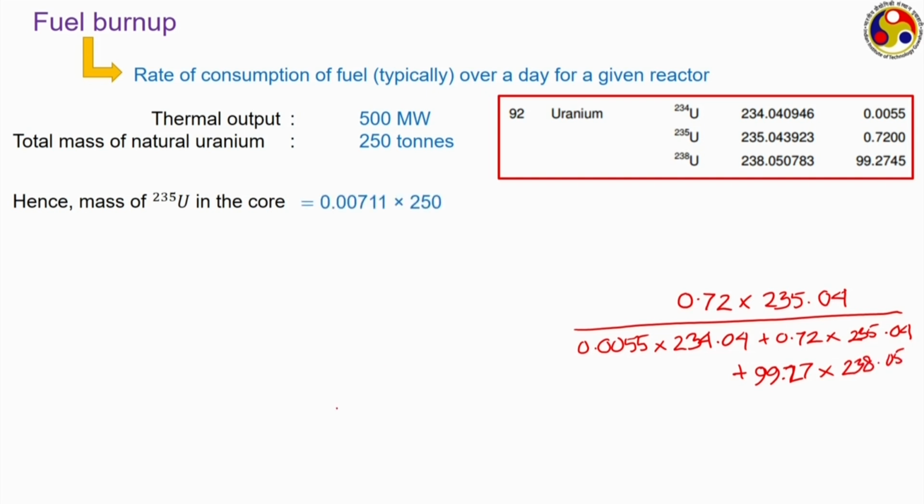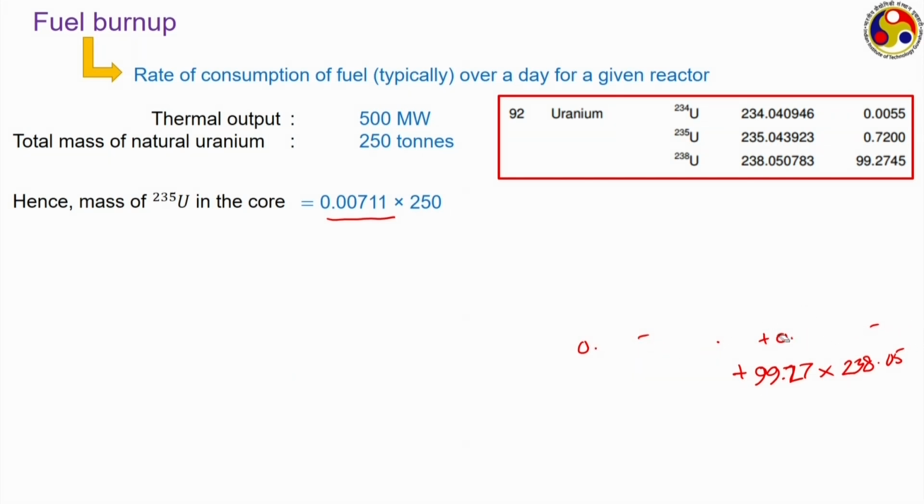So, do the calculation, it will come to 0.00711, and once we multiply this mass fraction with the total mass of the fuel, that is 250 tons, we get the amount of uranium 235 available inside the reactor to be only 1.7774. So, this is the mass of actual fuel available inside the reactor. The total mass of substance that we have supplied is 250 tons, but our calculation we shall be doing with respect to the mass of uranium 235 only.